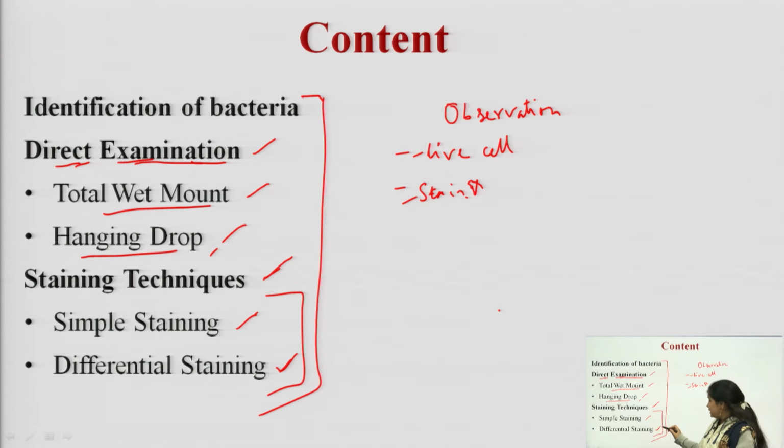So differential staining uses more than one color. In simple staining we just add one single reagent, whereas in differential staining we add more than one reagent to the specimens so that we can differentiate between them.